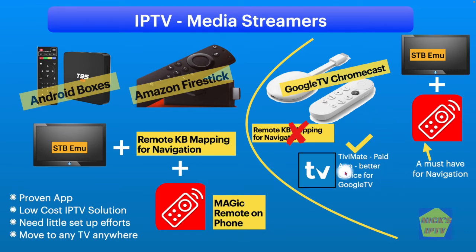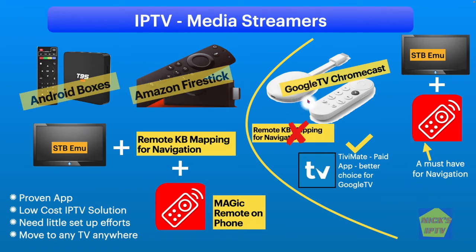Another option is TV Mate. It's a paid app, about $10 a year right now, and the benefit of this app is that the navigation is done within the app, and you don't need an additional device. You can use the same Google TV remote when combined with this app.